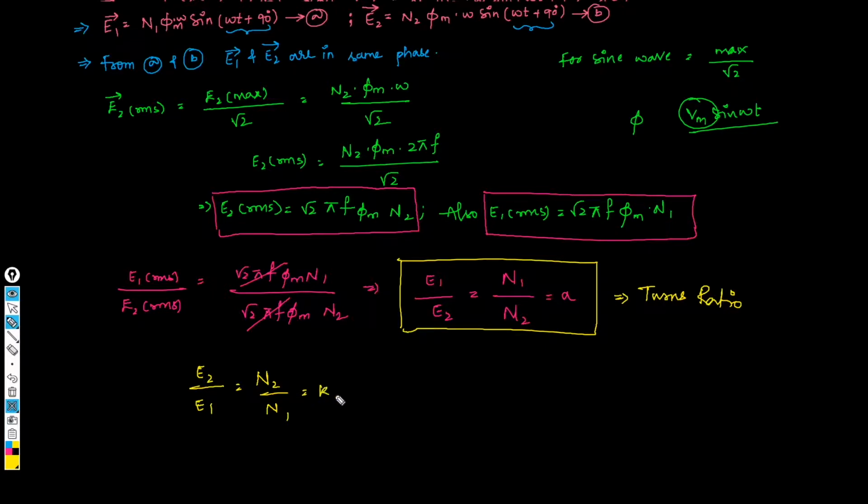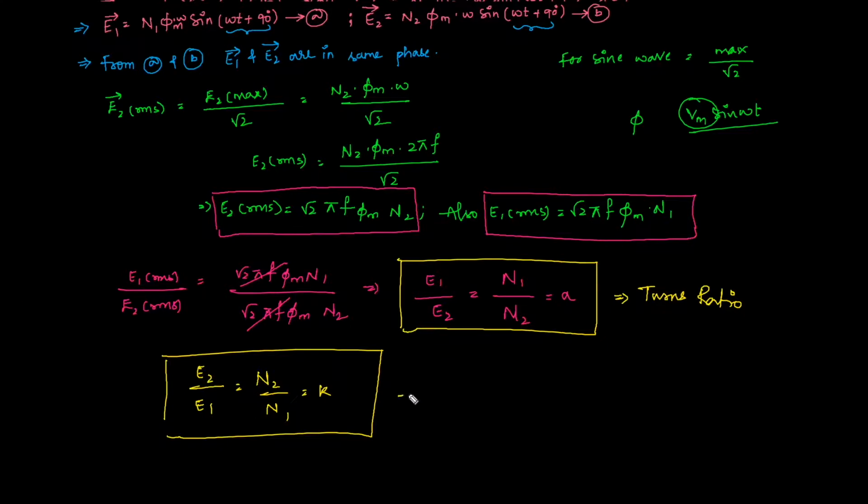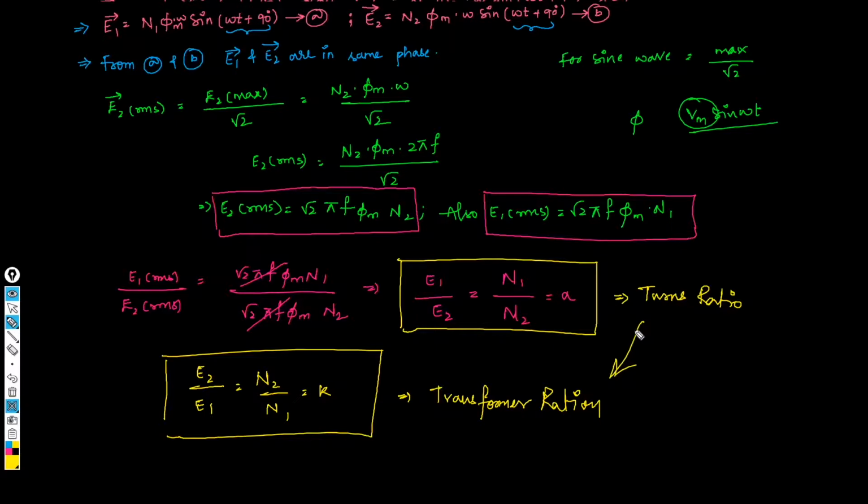This would be equal to some constant K, and it is referred to as the transformer ratio. Both the things, transformer ratio and turns ratio, are the same, but there is only one difference: A is nothing but 1 by K, and K is nothing but 1 by A.